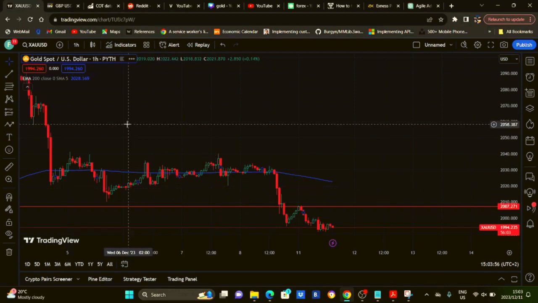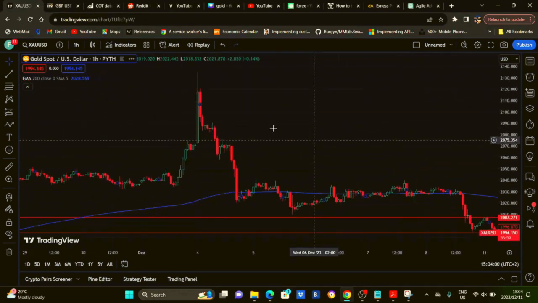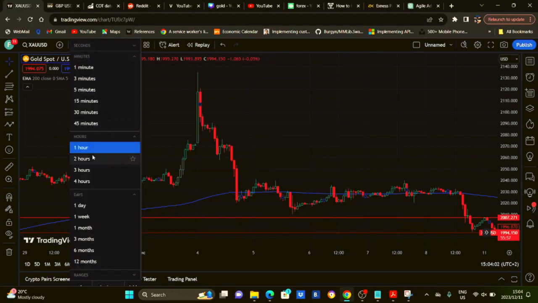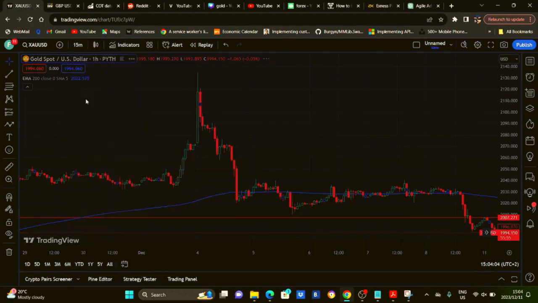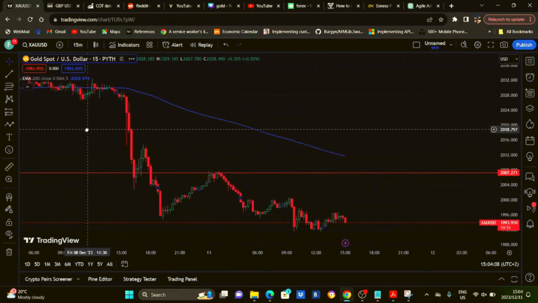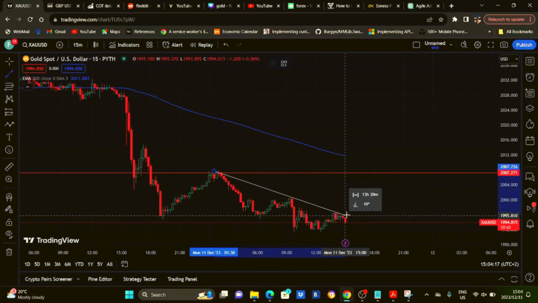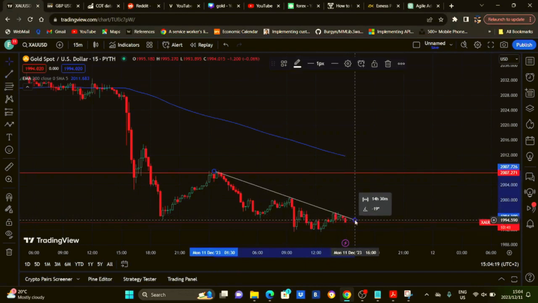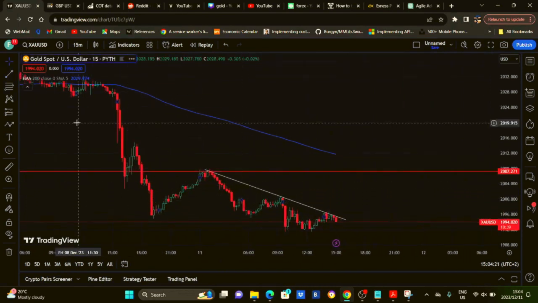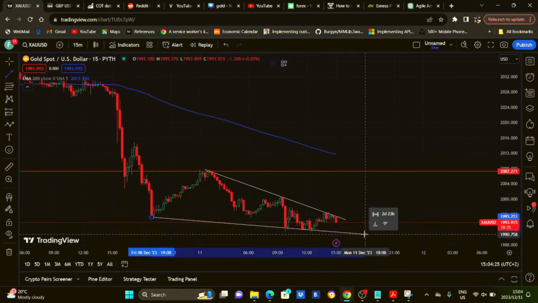But let's try to see what kind of pattern is happening here. Which pattern is this? Let's go in, because we can't see it properly on an hour. So we're gonna go to the 15 minutes time frame and have a look. So here we have this kind of pattern.